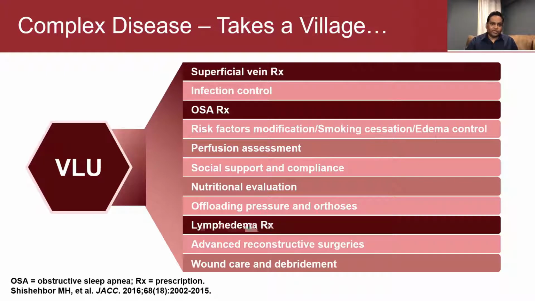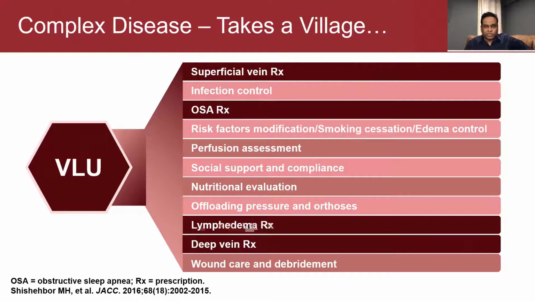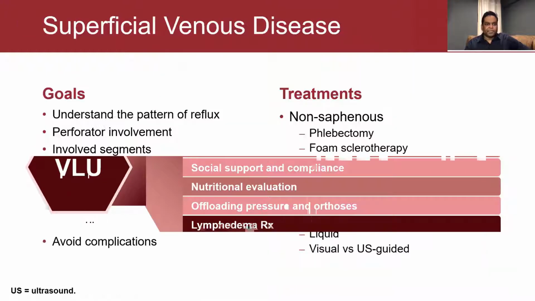Instead of revascularization, you might want to treat superficial venous reflux. And for advanced reconstructive surgeries, you might want to replace it with deep venous treatment, such as stenting, etc. So ultimately, there are similarities between severe arterial disease and venous disease in multiple aspects.